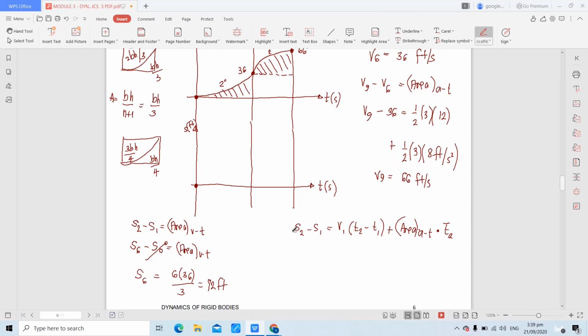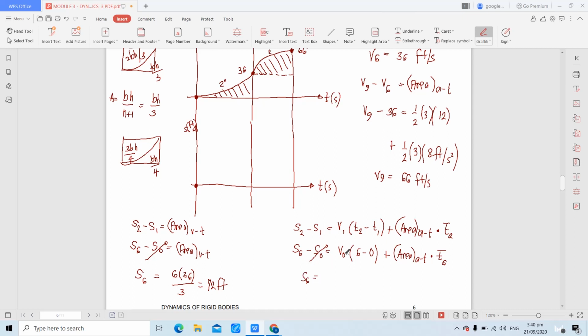Okay, so from 0 to 6, this is S6 minus S0. Initial velocity at 0 second. Anong final time? 6 seconds. Minus, anong initial time? 0. Plus, area ng acceleration versus time graph multiplied by the distance of centroid projected to final time, which is 6 seconds.